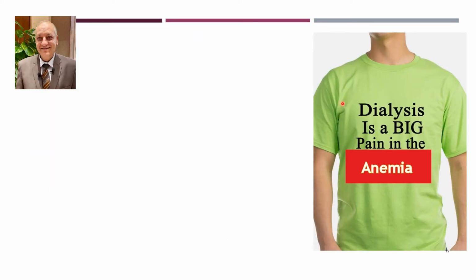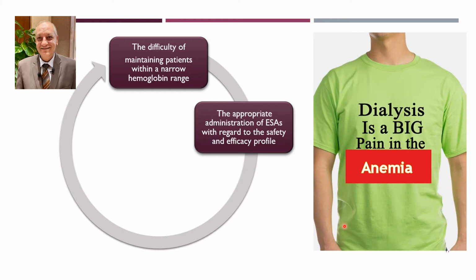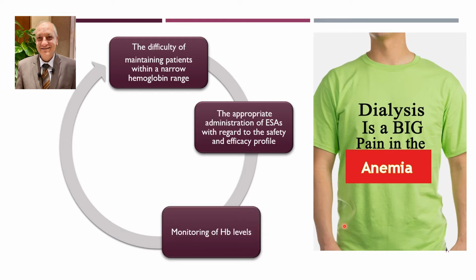And if you are using dialysis in anemic patients, it's a very big pain because of the difficulty of maintaining patients within a narrow range of hemoglobin, that's the fluctuation, how much appropriate administration of ESA, the type and dose, with the safety and efficacy profile, how to monitor the hemoglobin level and the iron profile.